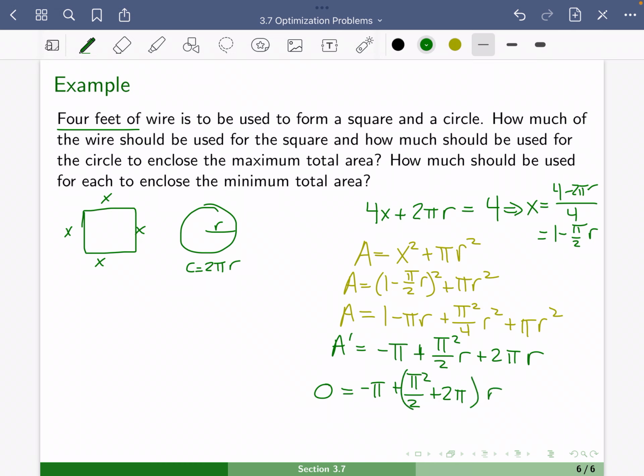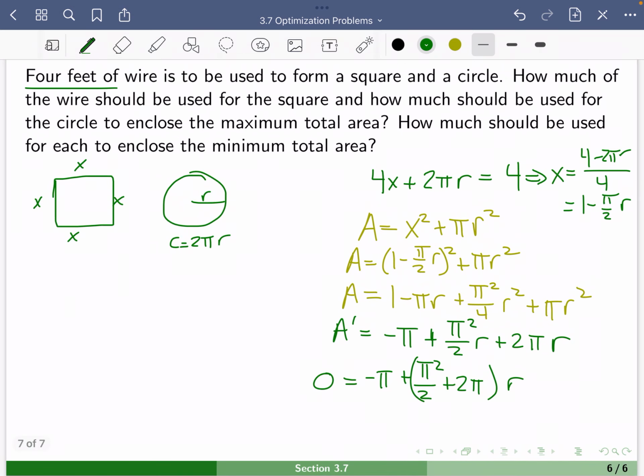Here, we can add that pi to the other side, divide by that remaining mess. So that is our value of r.